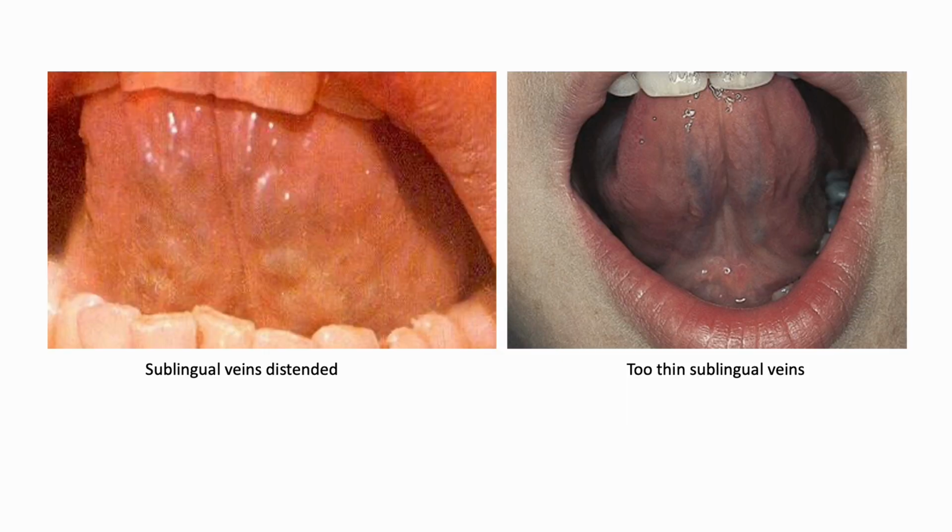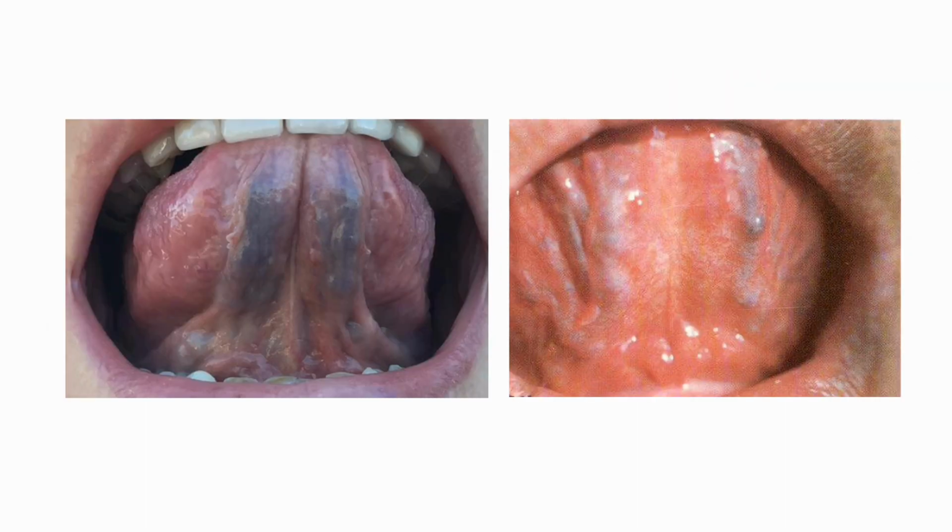If the veins are distended but not dark, this indicates Qi deficiency. If they are too thin in relation to the sides of the tongue and the patient's body itself, this indicates Yin deficiency.